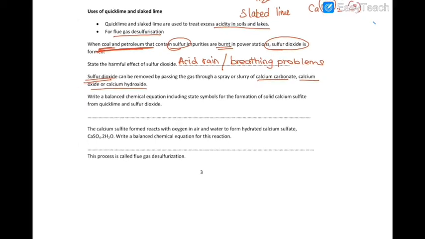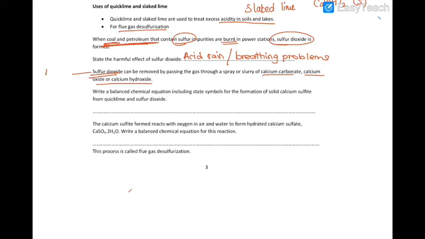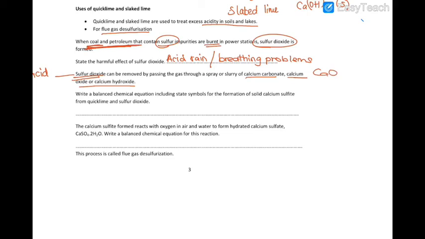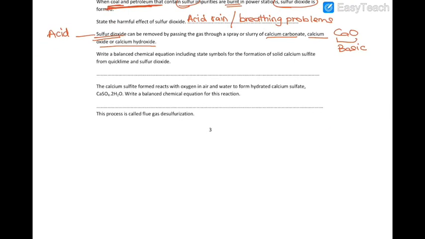So what happens is that sulfur dioxide is acidic, and as I mentioned before, calcium oxide is basic. It's a metal oxide, so it's a basic oxide. So basic oxide and acidic oxide will react together. So sulfur dioxide will react with calcium oxide and produce calcium sulfite, CaSO3.